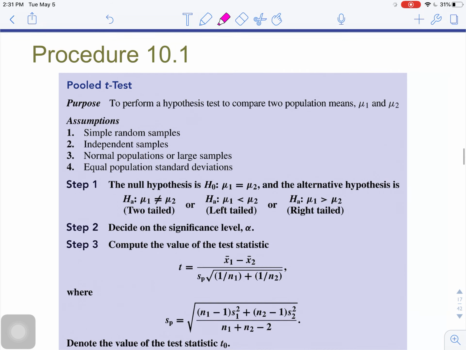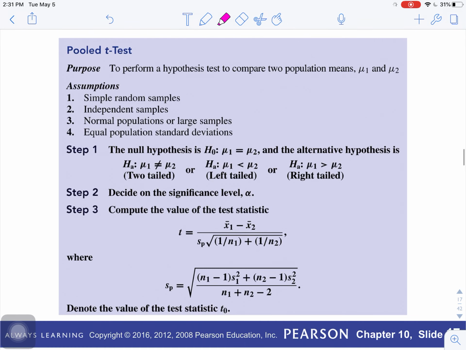So this is going to be the procedure when we're talking about a hypothesis test with two population means, and we do not know the population standard deviations, or they're roughly equal, I should say. So it's a simple random sample. They are independent samples, so one does not affect the outcome of the other.